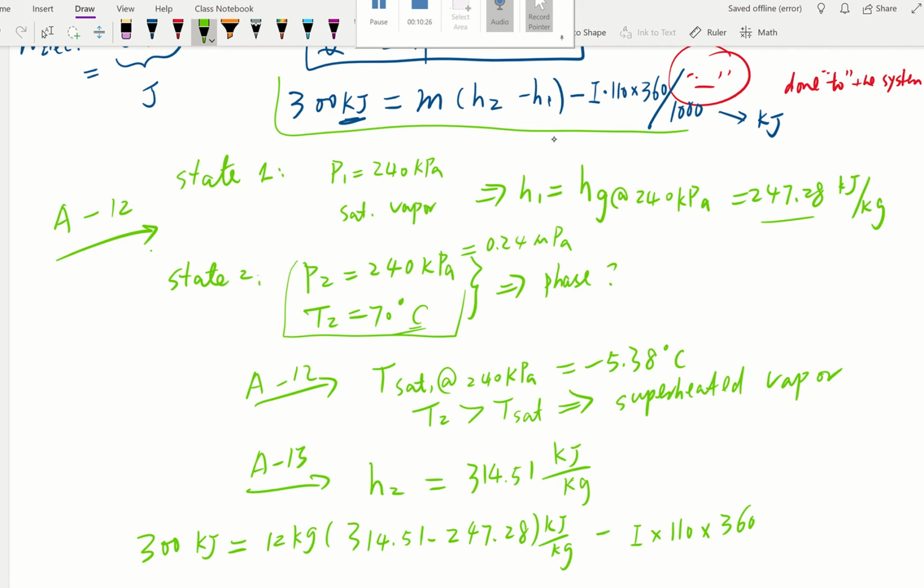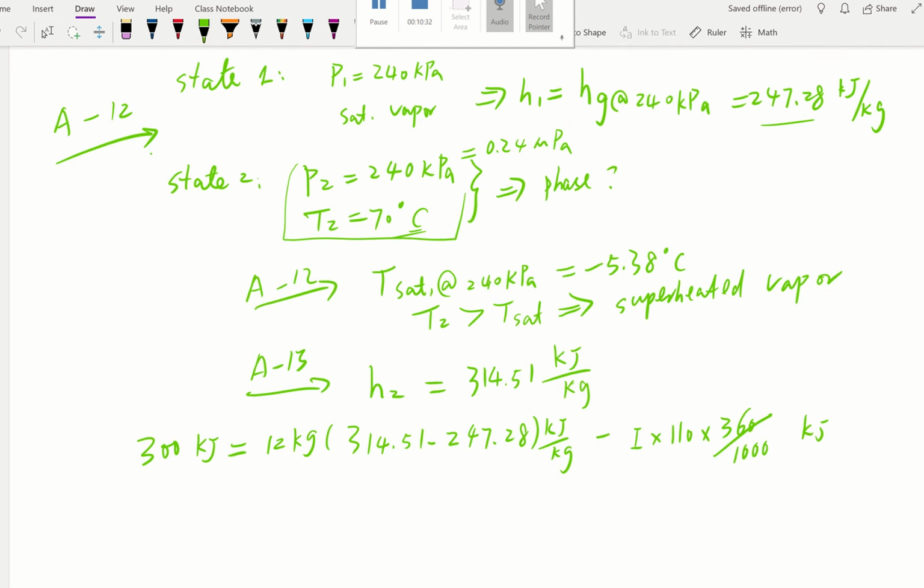That gives us joule, but we are going to divide by 1000 to give us the unit of kilojoule. Then all the terms have unit of kilojoule. We can just solve for I. So let's go ahead, 300. Let's see what we have for this bracket here. So here we have 806.76 kilojoule, then minus 360 times 110, then divided by 1000.